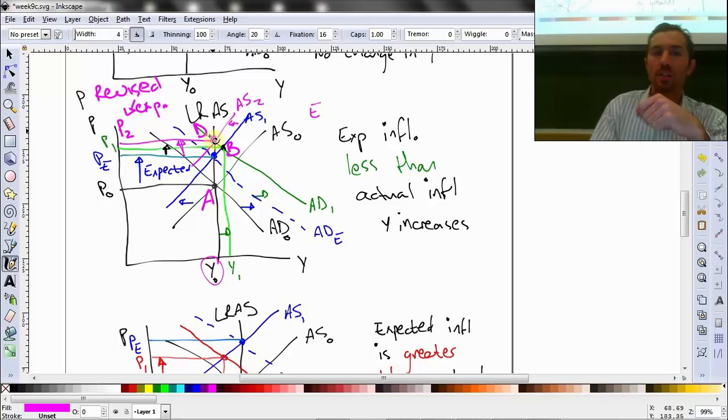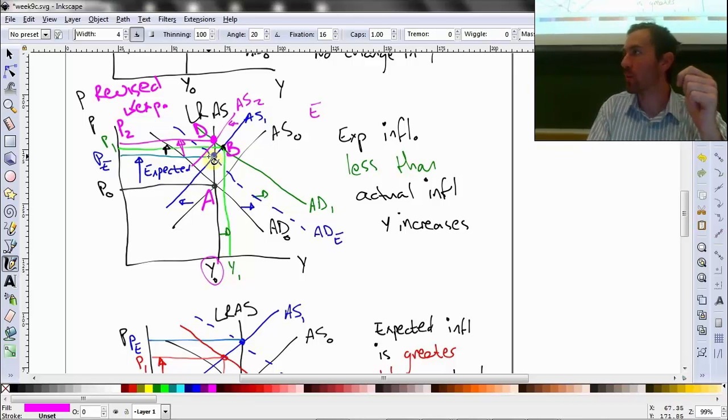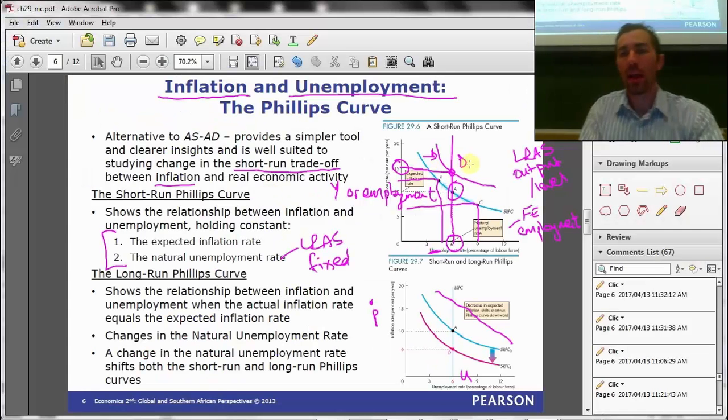So if we're starting at point D, a point of equilibrium, we expect inflation to be a certain level. Actual inflation is in fact higher than what we expected. We will have an increase in output. And from point D, we would have a decrease in unemployment, along with inflation being even higher than what we expected once again. So you can see that our short-run Phillips curve has shifted to the right.